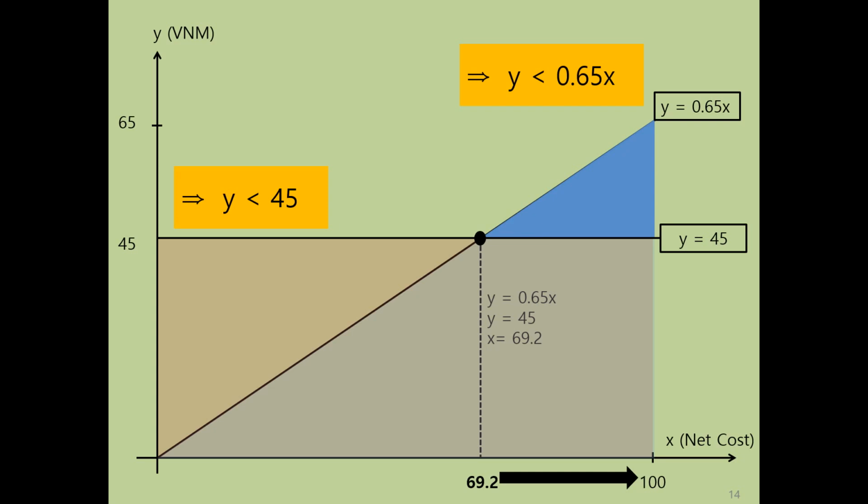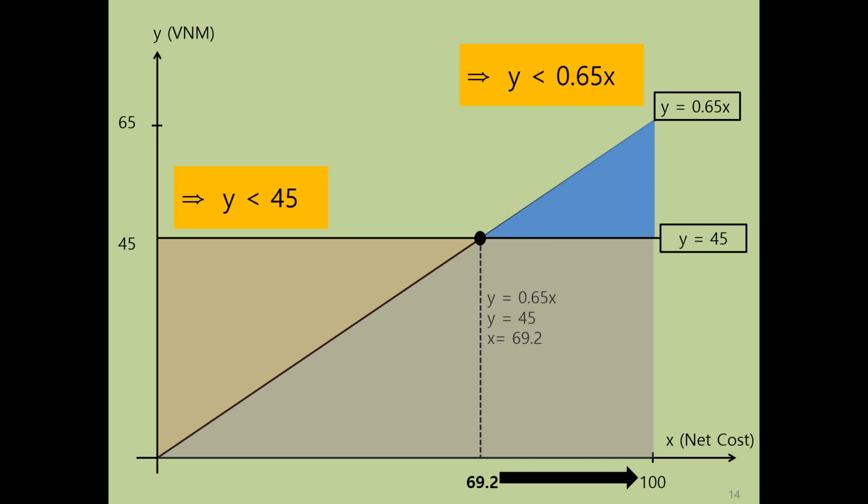Yes, it is the area of VNM, value of non-originating materials. The bigger area means the more VNM. That also means the company is able to use more non-originating materials to satisfy the origin criterion, and they are relieved from the burden of using only originating materials.